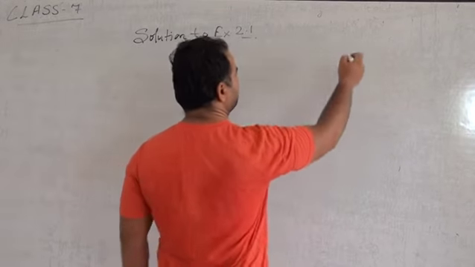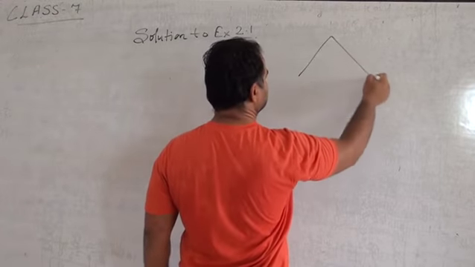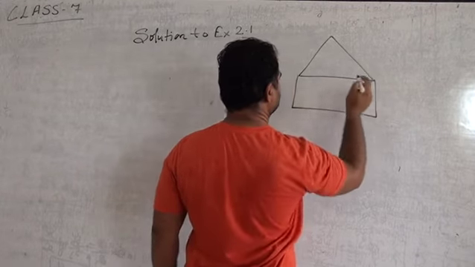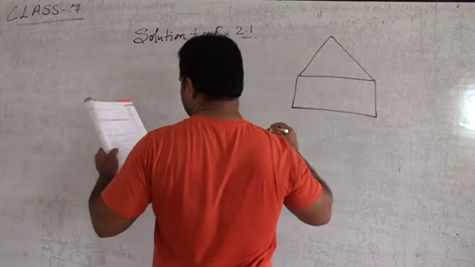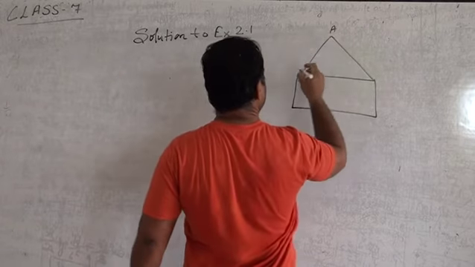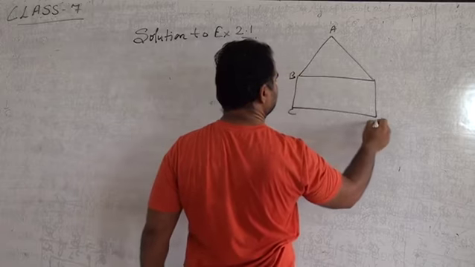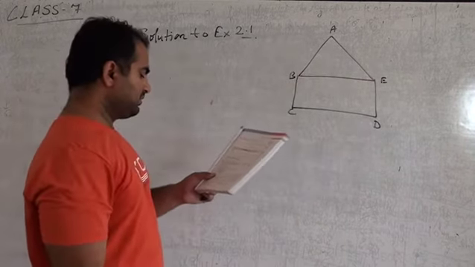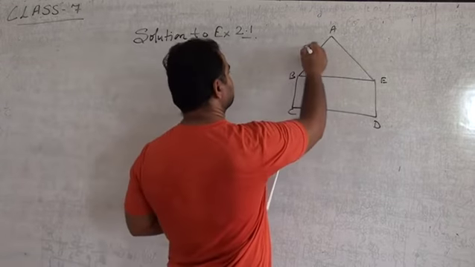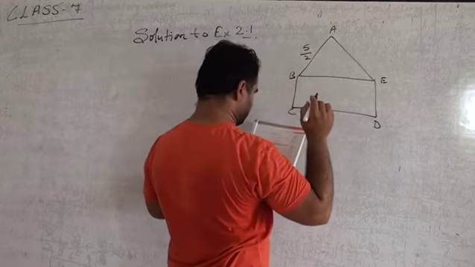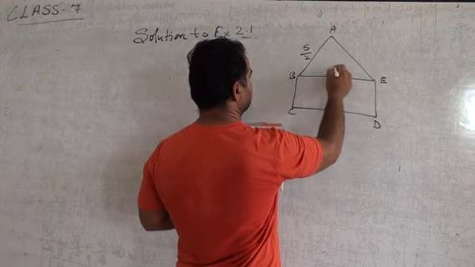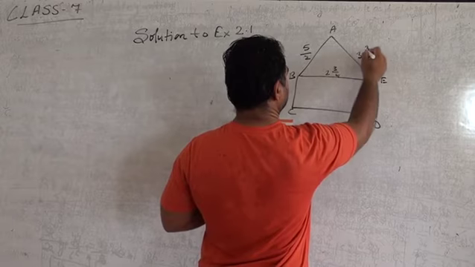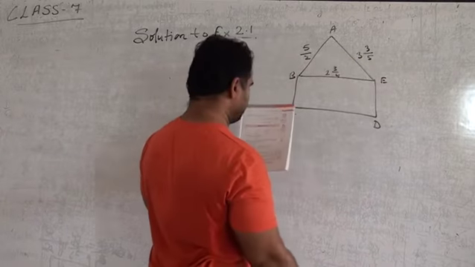Okay, if it is like this, A, B, C, D and E. Okay, it is 5 by 2. It is 2 3 by 4. It is 3 3 by 5. And the breadth is 7 by 6.